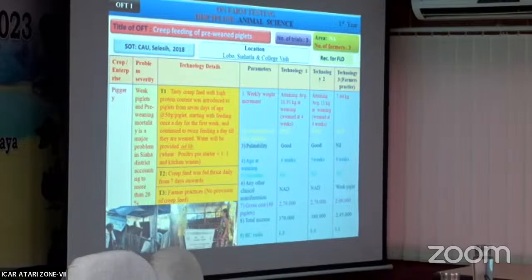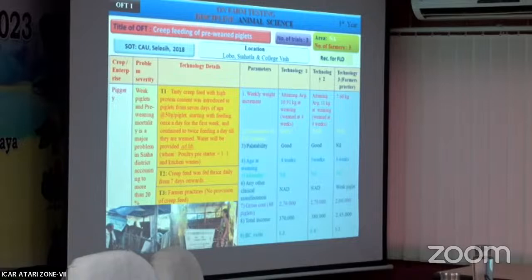So, no occurrence of GIT disorder in T1 and T2, whereas 30% was observed under T3. And the palatability for T1 and T2 are good. And age at weaning under T1 was 4 weeks, T2 5 weeks, and T3 6 weeks.